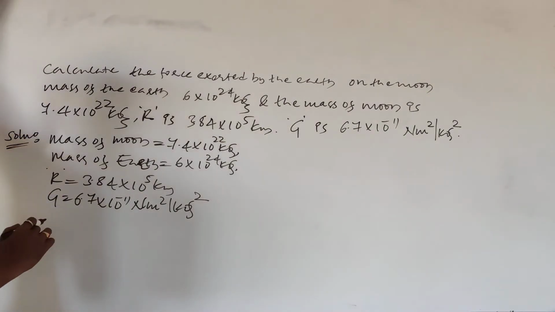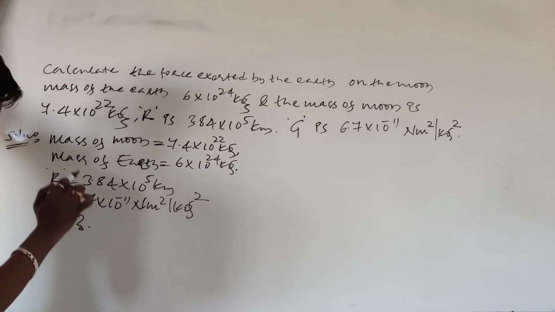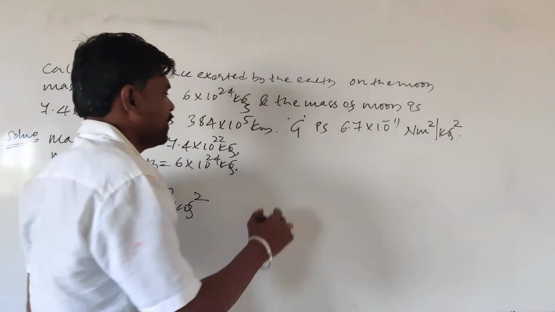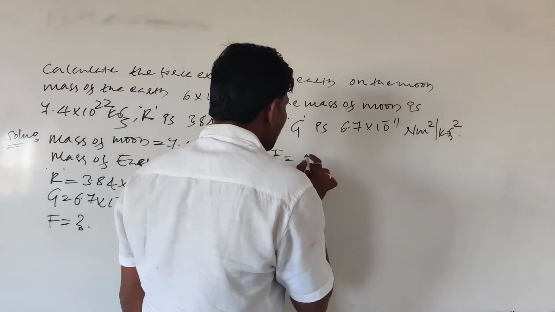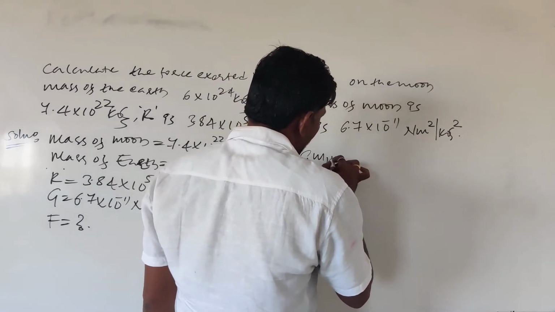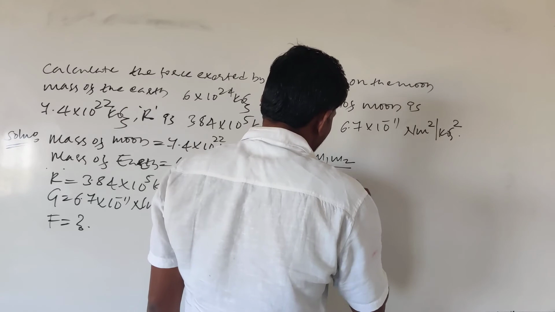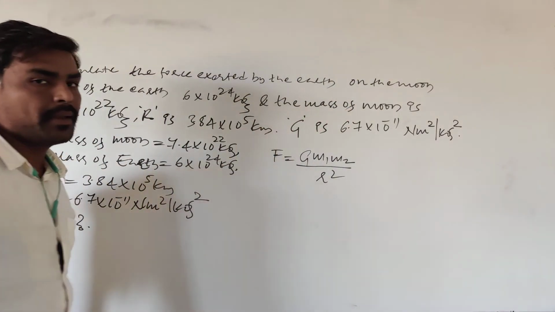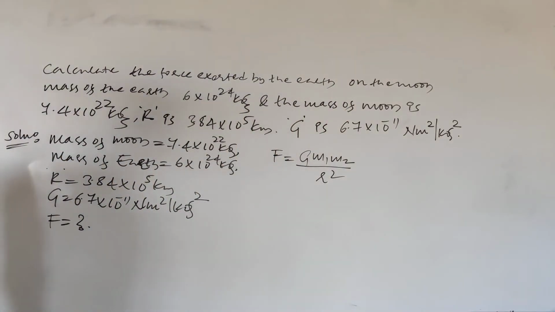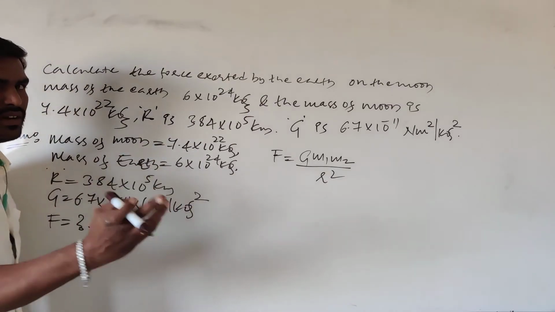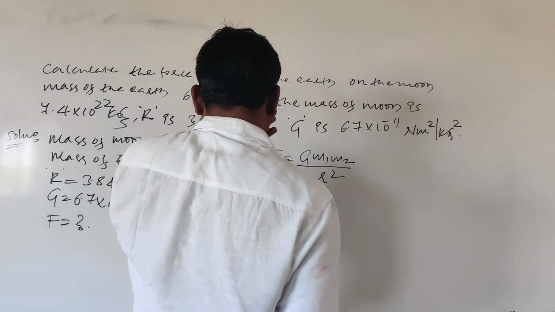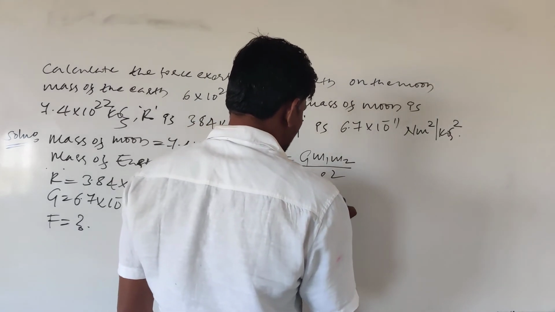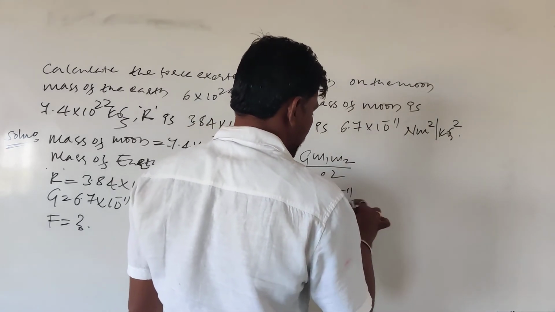So then here what is the force? We know the formula, force is G m1 m2 divided by r square. Take one as m1 and the other as m2. G is 6.7 into 10 raised to minus 11.